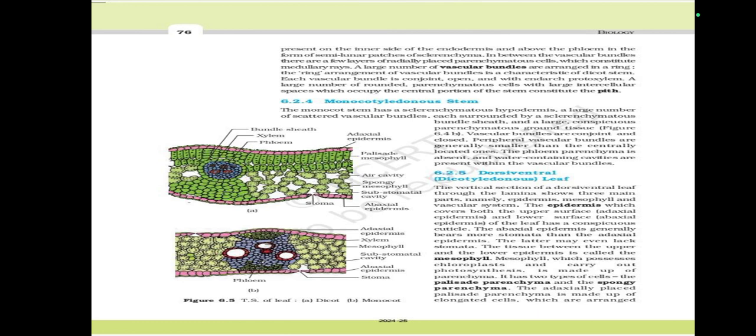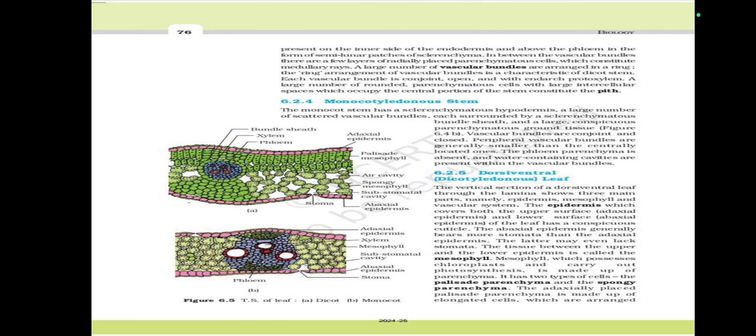The tissue between the upper and the lower epidermis is called the mesophyll. Mesophyll, which possesses chloroplasts and carries out photosynthesis, is made up of parenchyma. It has two types of cells, the palisade parenchyma and the spongy parenchyma.